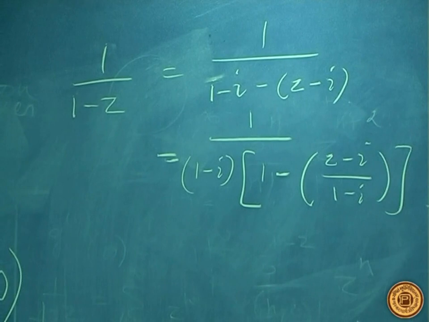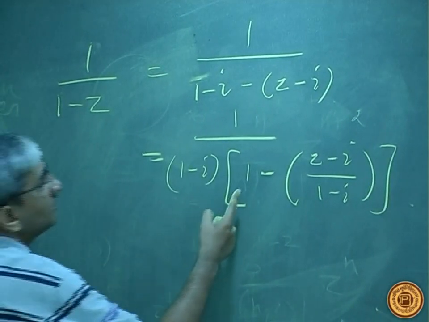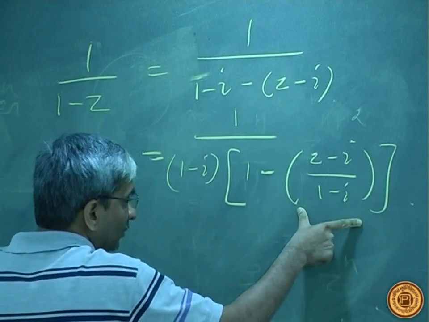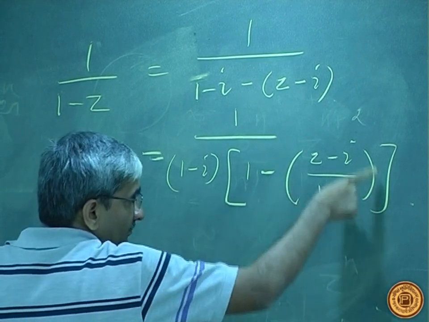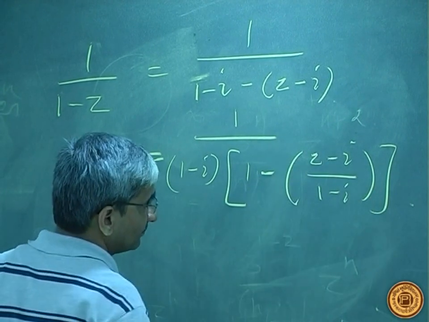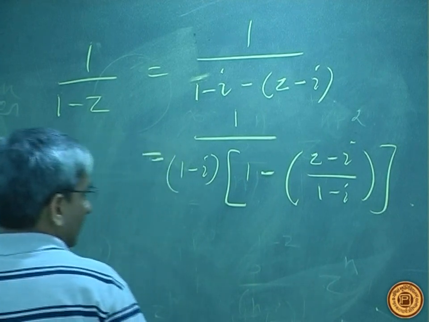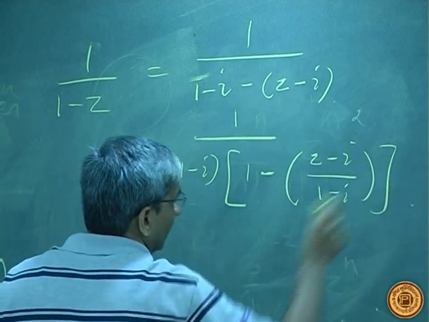Now why do I do that? Again, because I get 1 over 1 minus something, and that we know has a Taylor series expansion around the origin provided this is less than 1. So this is valid if the modulus of this is less than 1.